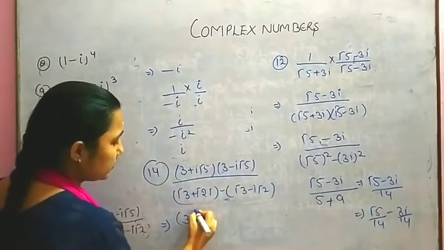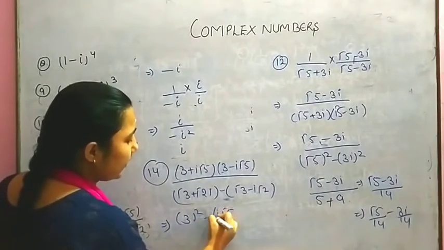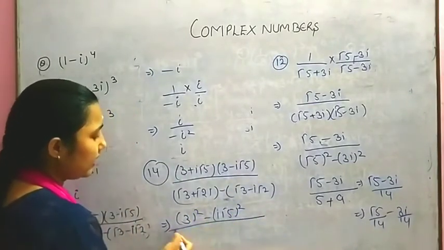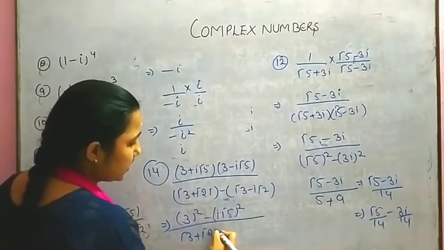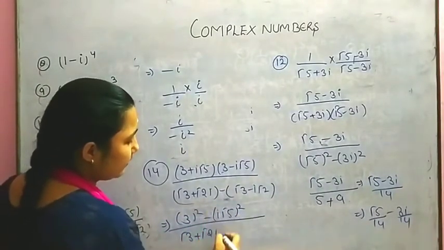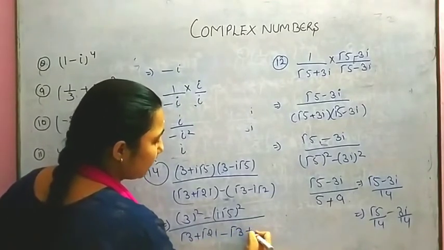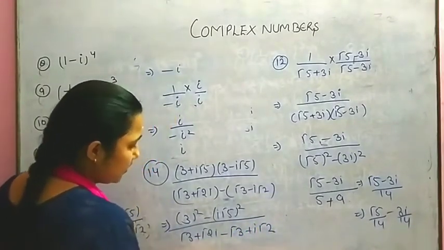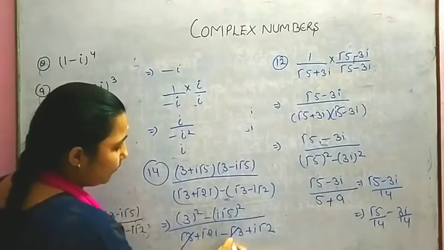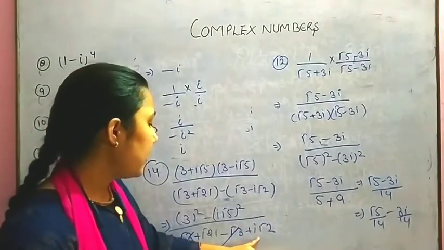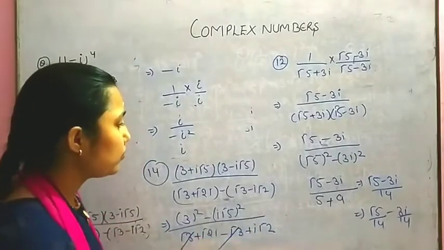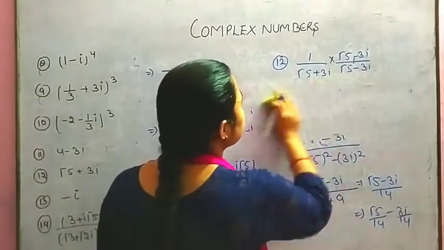We get 3 whole square minus (i root 5) whole square in the numerator, and in the denominator we get root 3 plus root 2i. Just shifting this minus sign into the bracket, we get minus root 3 plus i root 2. So this minus root 3 and positive root 3 will be cancelled out. We get root 2i and plus root 2i, 2 root 2i. Correct?